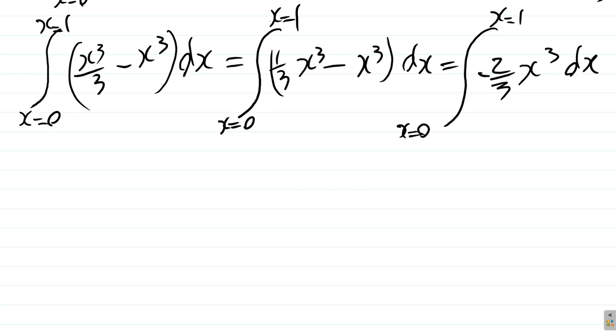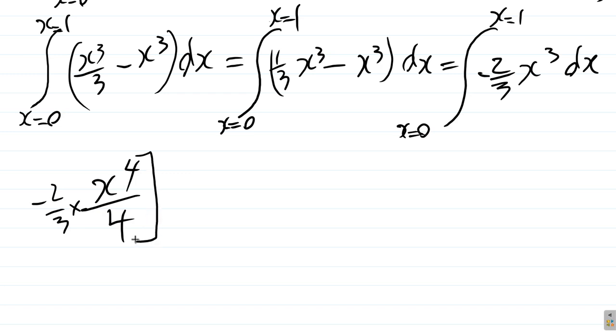Now, let's integrate this. When you integrate x cubed with respect to x, you have x to the 4th over 4, and you have negative 2/3 of that, going from 0 to 1.